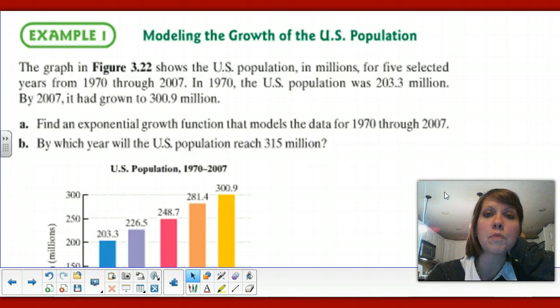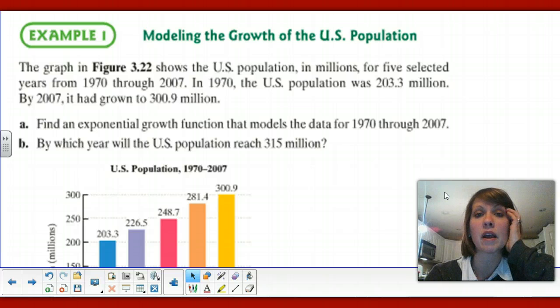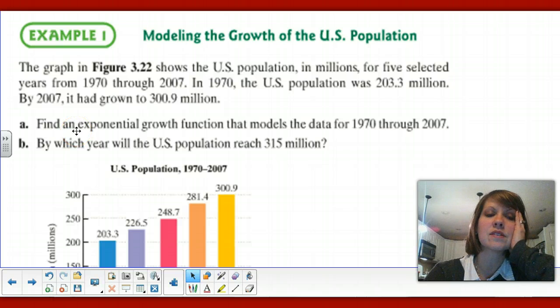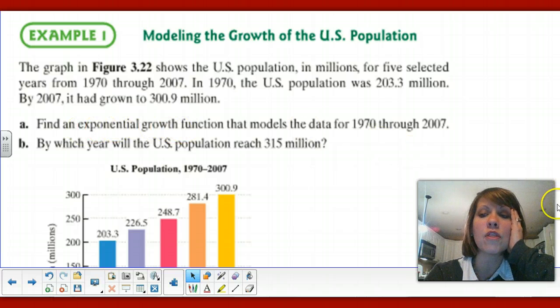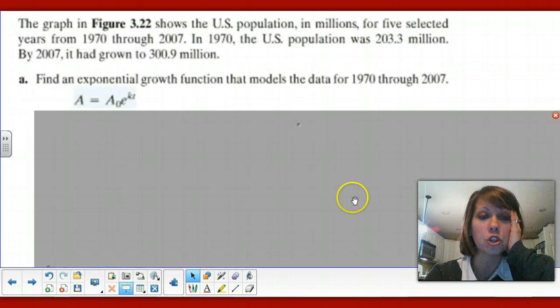Okay, this is much like direct and inverse and joint and combined variation back from 2.8. You were told it varies directly, and in this case, that told you how to set it up. This is saying it's an exponential growth. It's telling you the way our equation should look, and it should look like this.